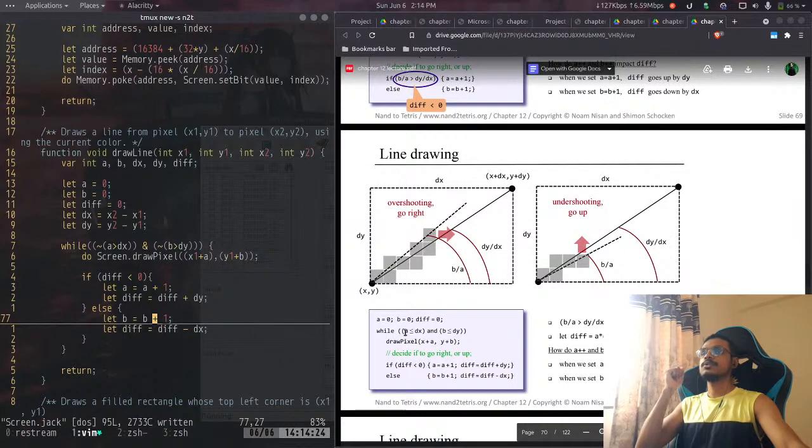Let's first think about this condition. Does it work for all the lines? Let's see. A is what we are increasing, right?